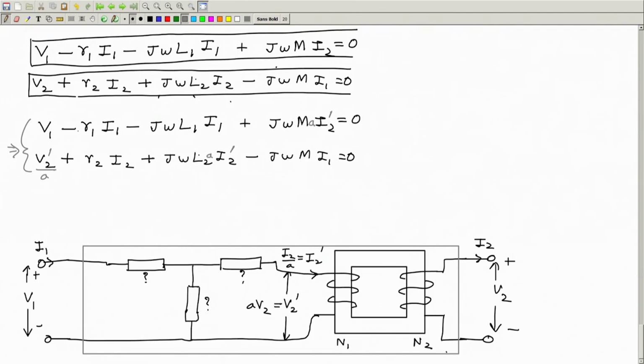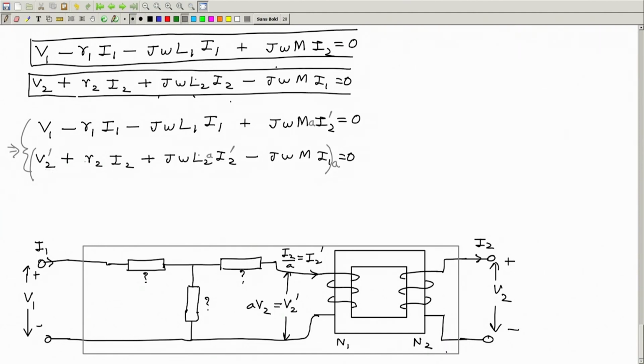Okay. Now I do one more manipulation, which is I multiply this second equation with a factor A. So this A and this A cancel. Let me do it directly here. If I multiply this, then this A is gone.